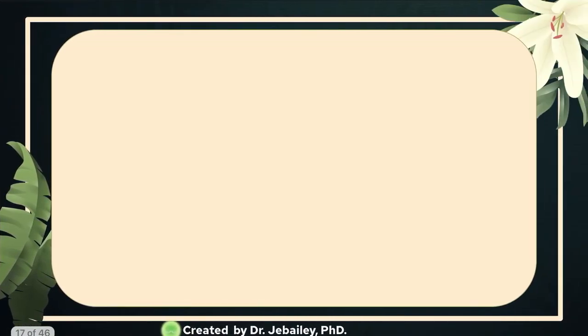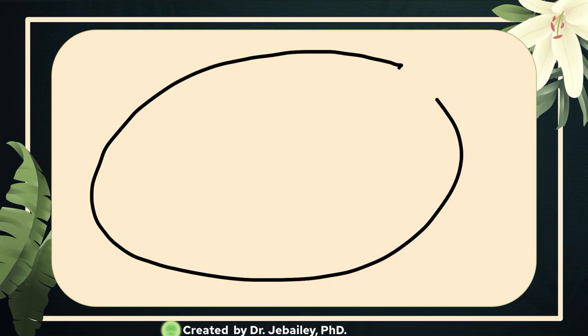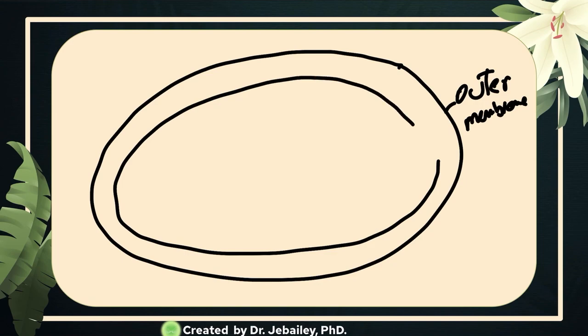So let me draw the chloroplast just to make sure you're okay with what I just said about the pigment. So right here we have the outer membrane of the chloroplast, right? So I'm going to write here the outer membrane. And then you have the second line here, which in this case would be the inner membrane of the chloroplast.